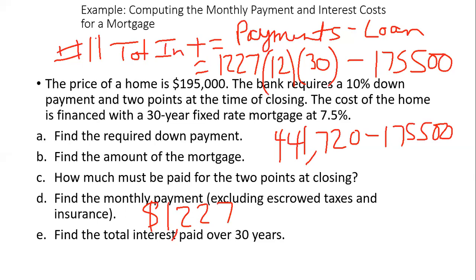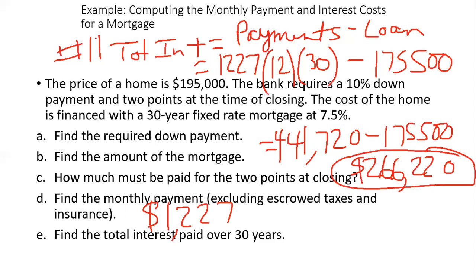If I subtract that 175,500, it ends up being $266,200. That is the total amount of interest that you're going to pay on that home.